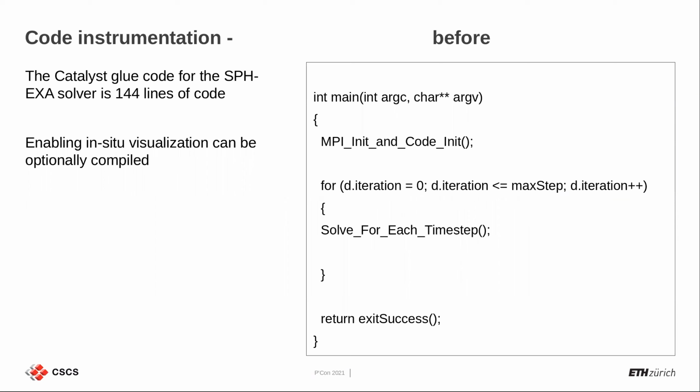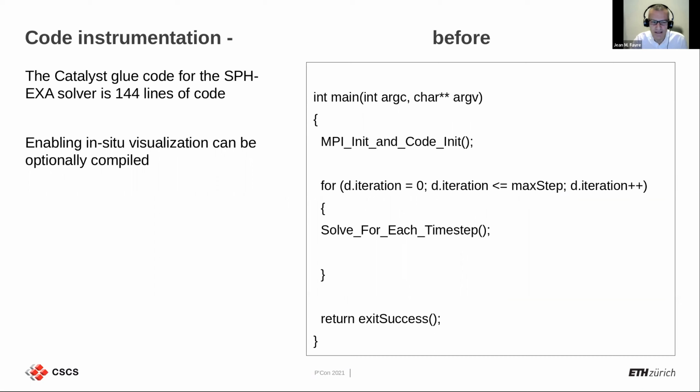All right, so in total, and that's the good news, the Catalyst glue code for the SPH-EXA solver is 144 lines of code. So those 144 lines, that's basically the definition of the mesh in memory using the Conduit mesh blueprint.